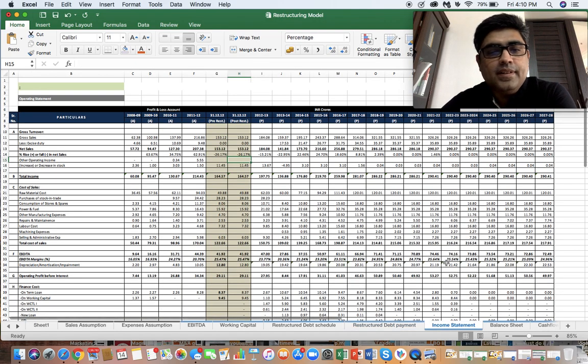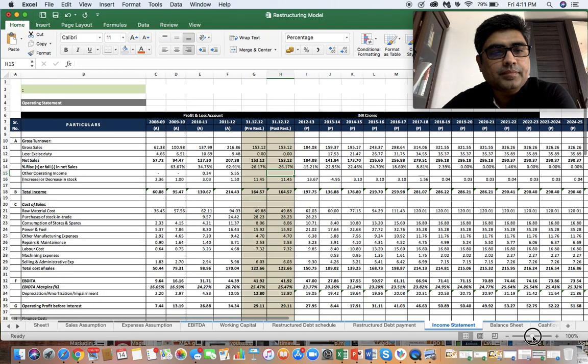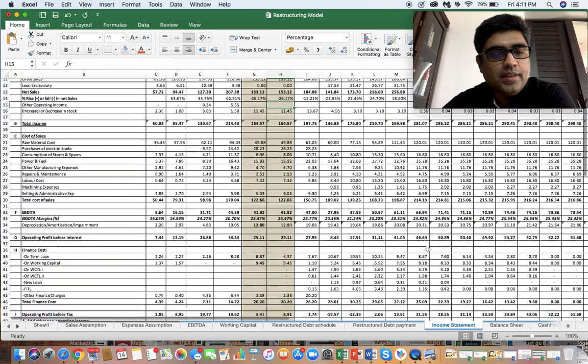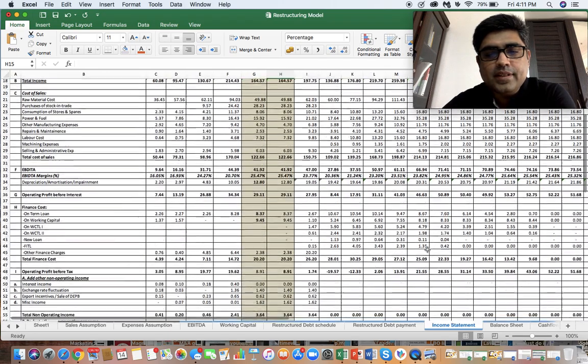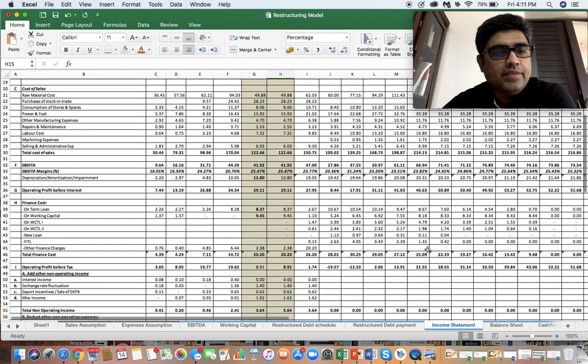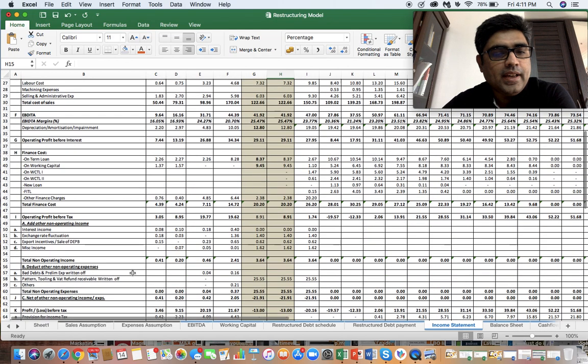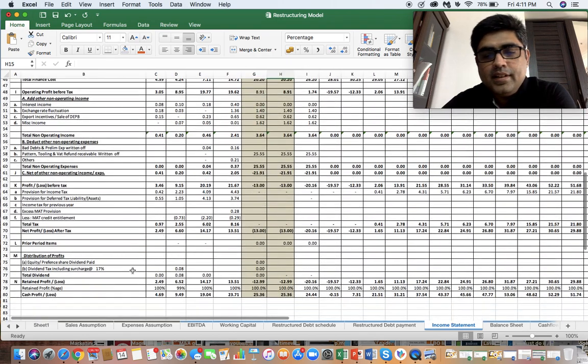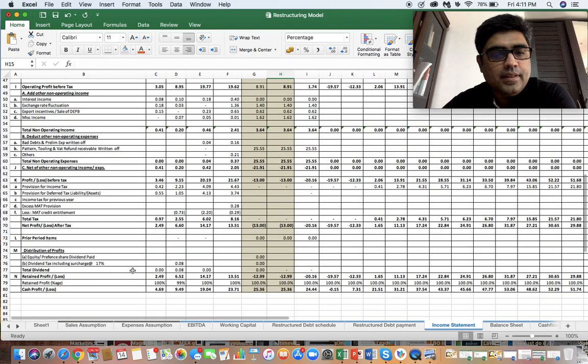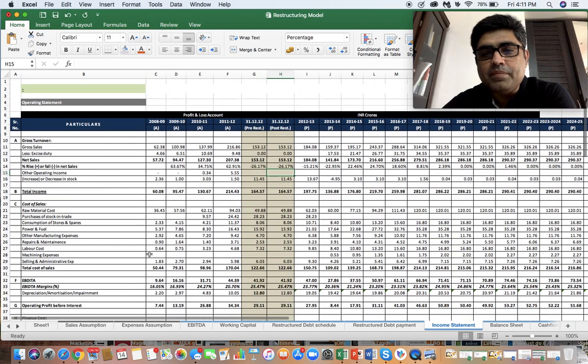Then comes the income statement. So essentially what it means is that post this sort of a structure gets approved, how the entire financing cost would look like, and how the entire profit and loss statement or the income statement would pan out, right?